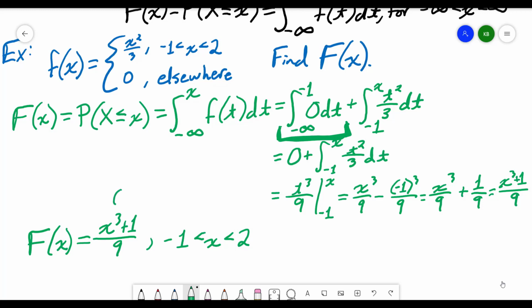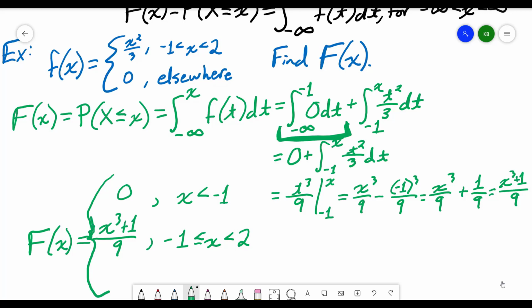So I actually have it 0 if x is less than -1. And now if it is -1, I can put the equal to either place. I do need to account for the -1, so I need an equal to one place or the other, but either way, I'm going to end up with 0. So put an equals to wherever you'd like.